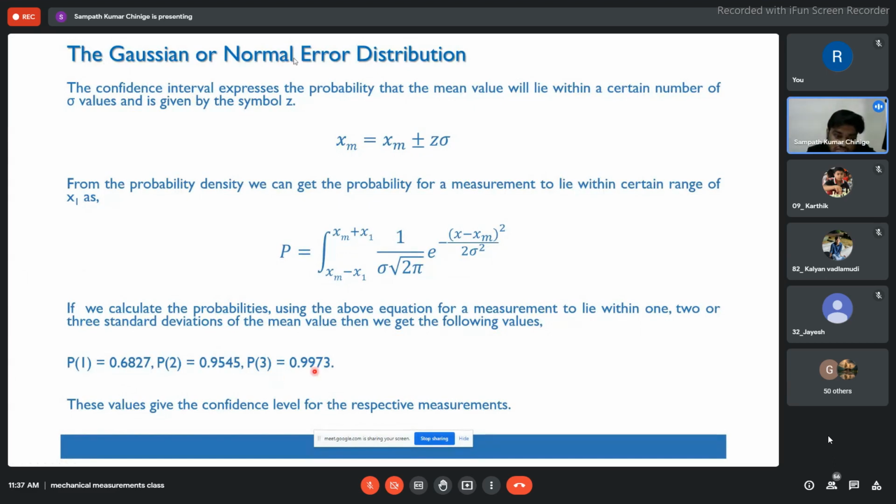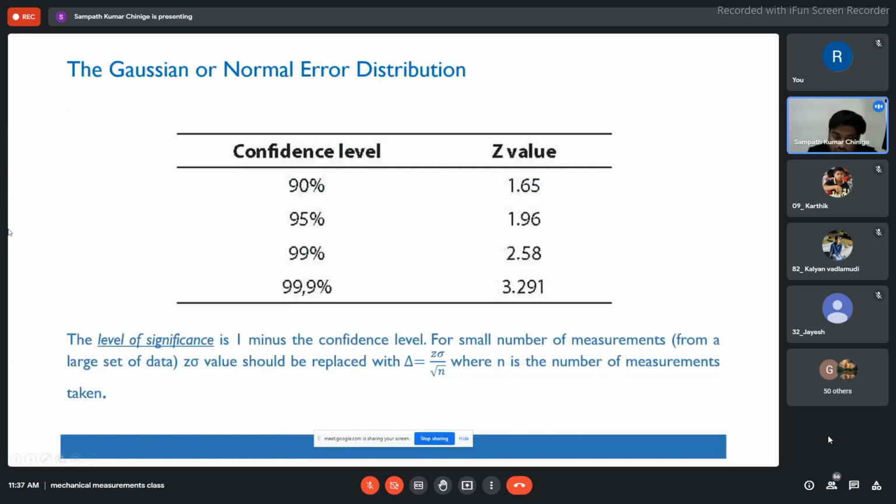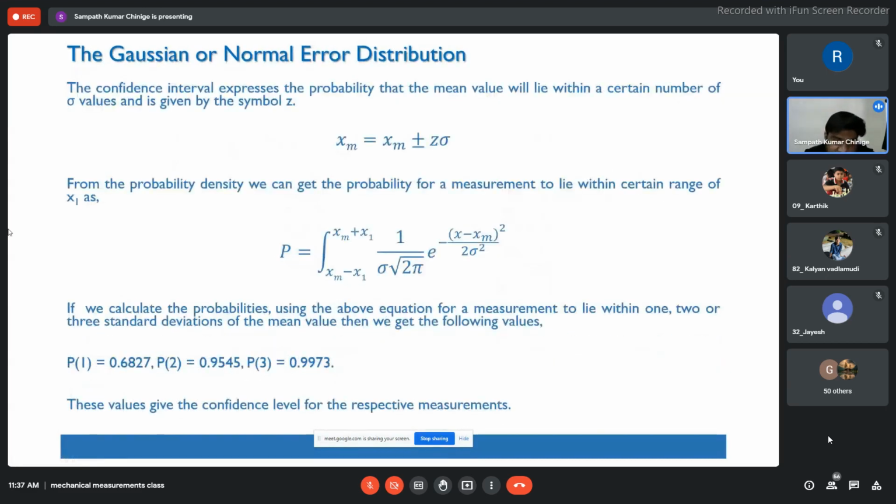If Z is 1, then it is 68.27. The probability of readings that fall within 2 times the standard deviation is 95.45, and within 3 times the standard deviation is 99.73. This percentage is nothing but my confidence level for the respective measurement.